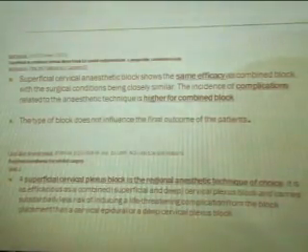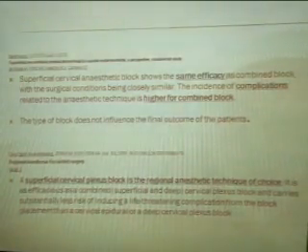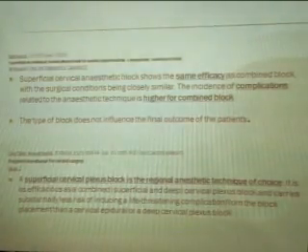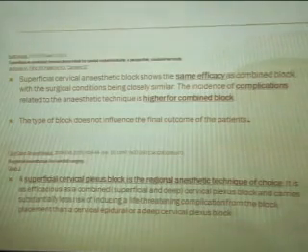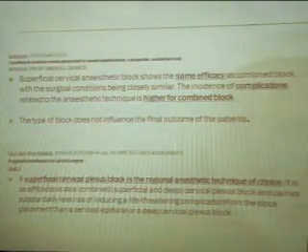The type of block does not influence the final outcome of the patient. One more study by Gay et al. said that the superficial cervical plexus block is the technique of choice for anterior neck surgery.